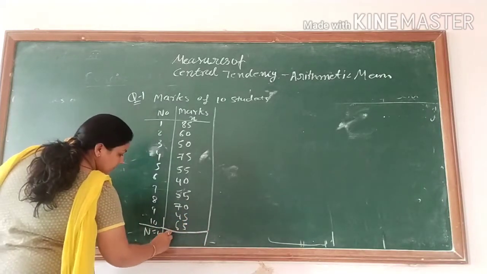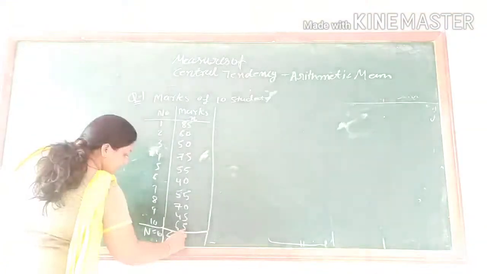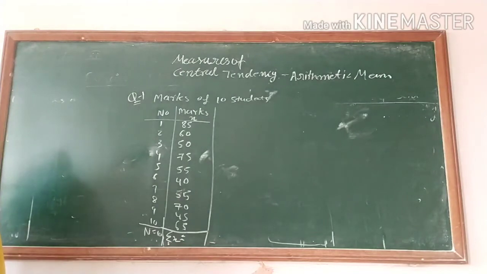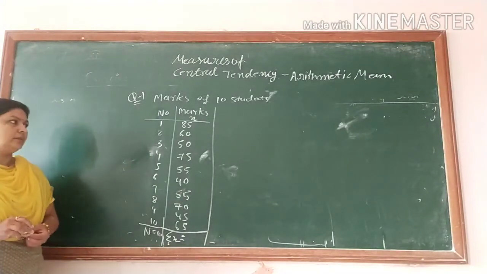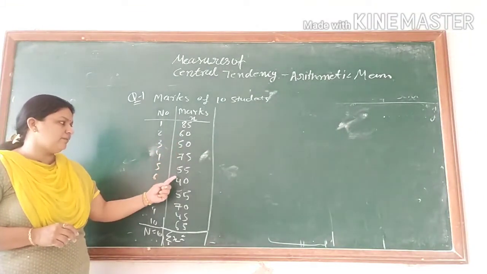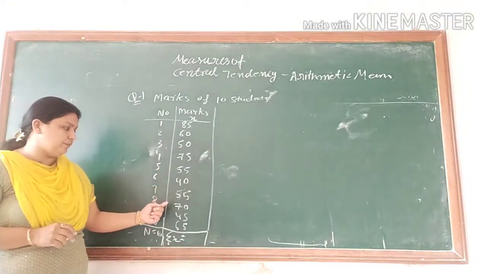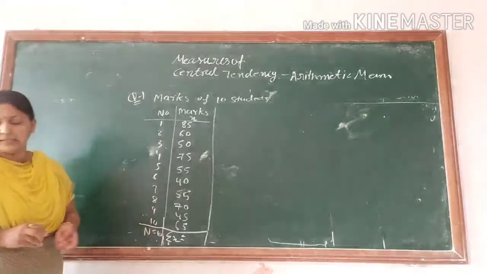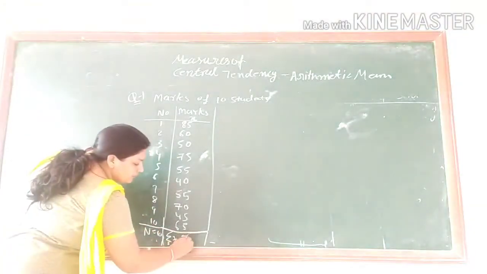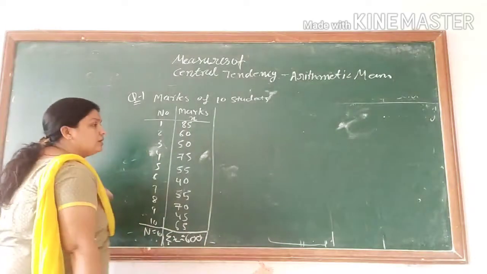Clear? Just find out the sum of x here. Just total of this: 85, 60, 50, 75, 55, 40, 55, 70, 45 and 65. When we total, the sum of this is 600.